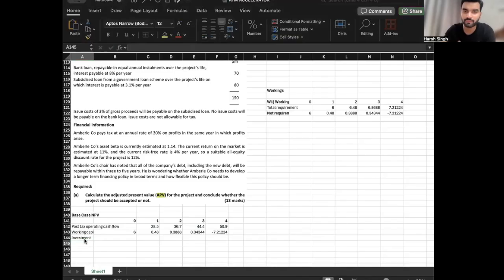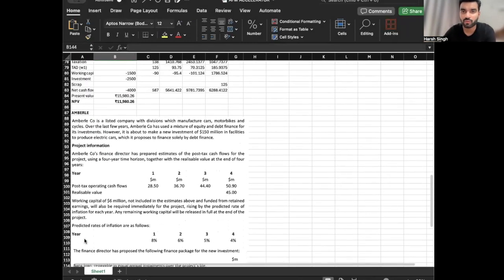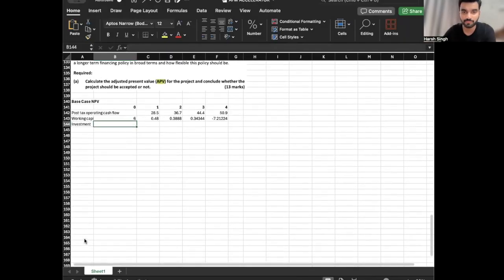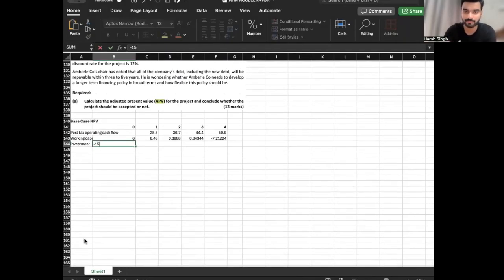Then I'll put down investment. See, now I'm not considering tax or anything. Why? Because the cash flows are directly given as post-tax. Otherwise, I would have to solve as the basic question of NPV if nothing was given over here. Okay. Investment is how much? 150 million, minus 150.